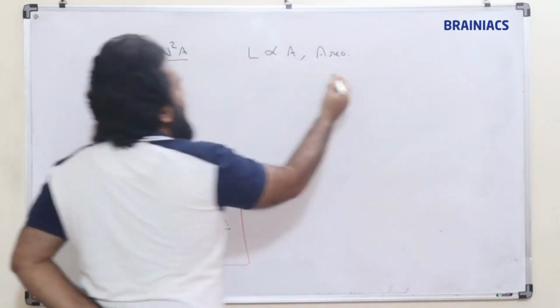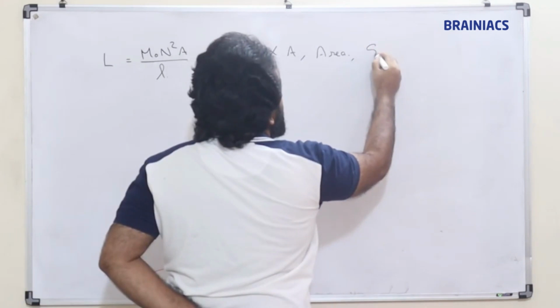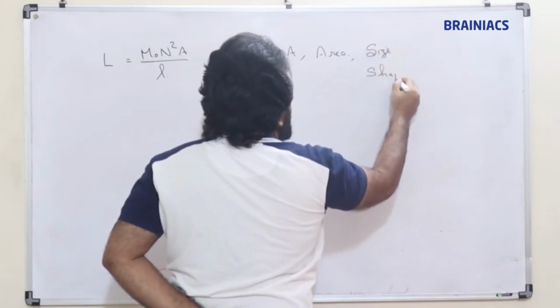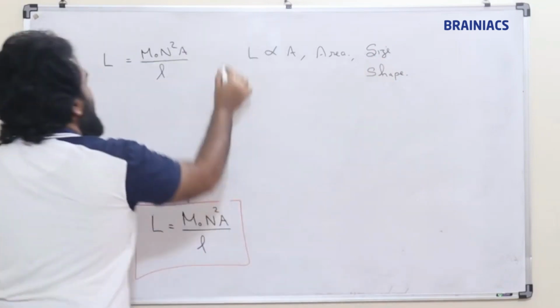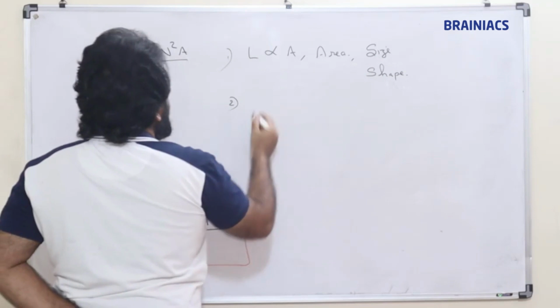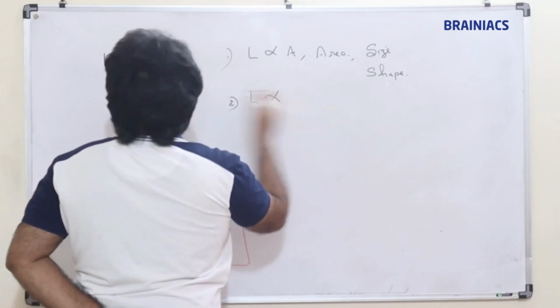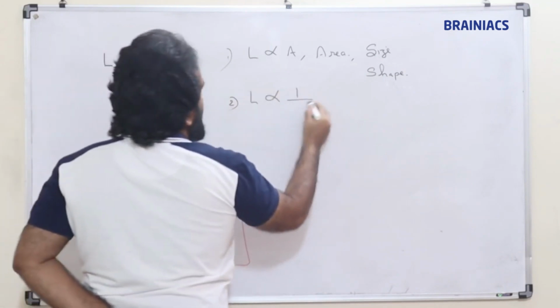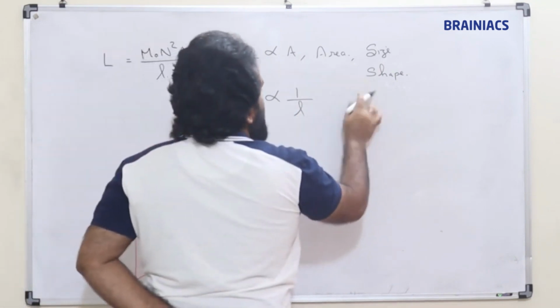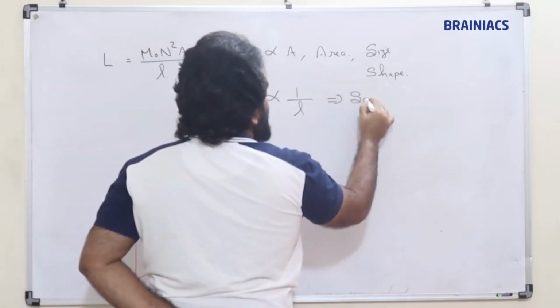So this comprises size and shape, point number 1. Point number 2: L is inversely proportional to the length. So here also size comes.